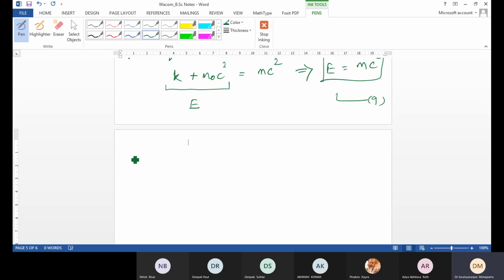That E naught is called the rest energy of the particle. The particle can exhibit relativistic motion, relativistic energy, relativistic mass, velocity, momentum, everything. But if the particle is at rest, it has the rest energy, and that rest energy is m naught c square.